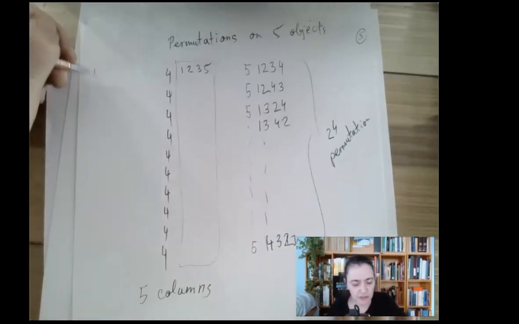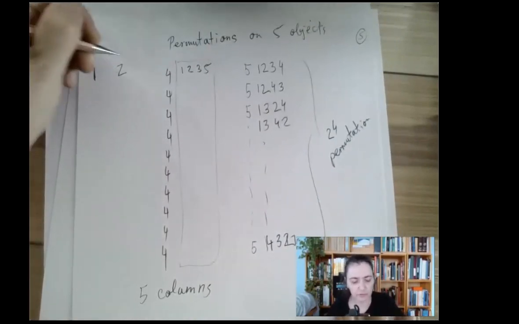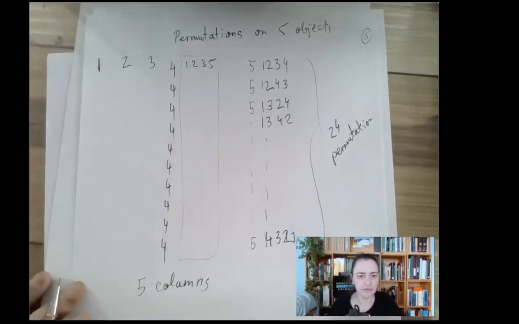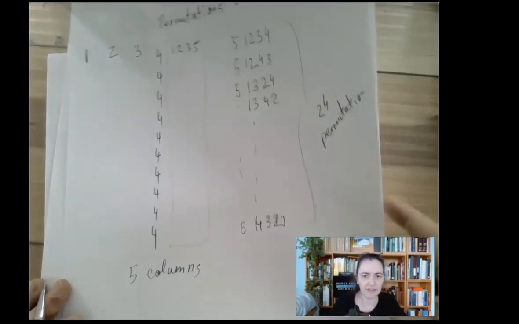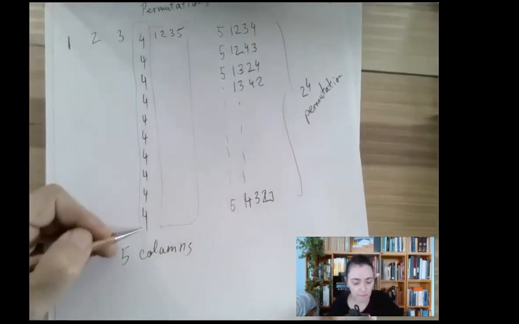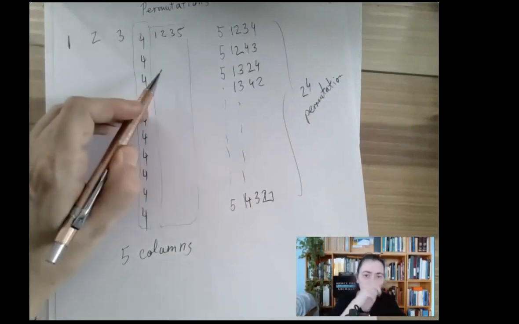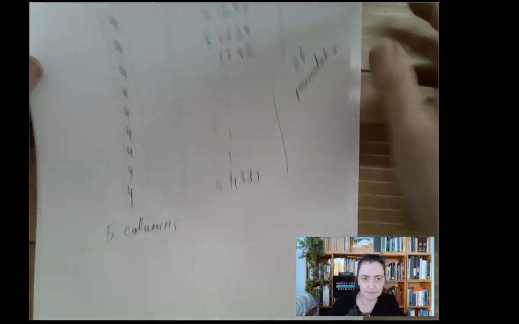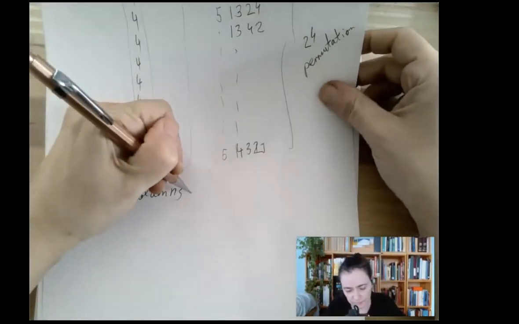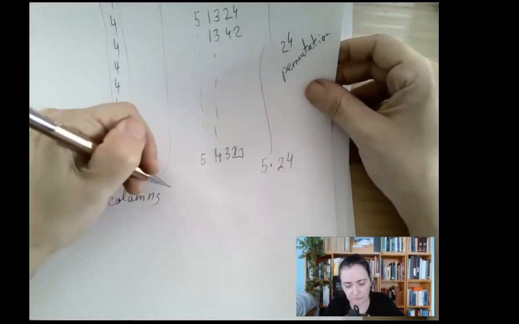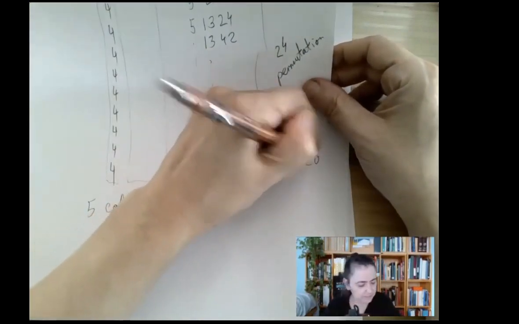Well, the first digit could be a 1, or a 2, or a 3, or a 4, or a 5, and each column will have 24 objects. Because if we fix the first number, then the rest is just a permutation on 4 objects, which we just figured out to be 24, right? So it's 5 times the previous one, which is indeed 120.